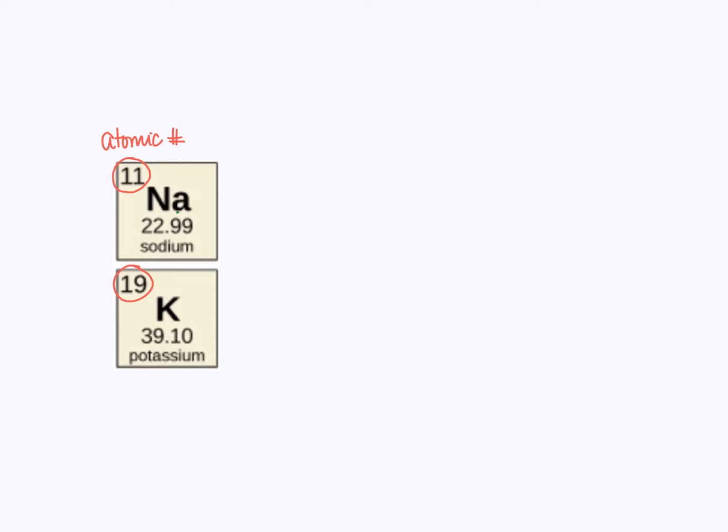And the other number is going to be the atomic mass number. And remember, we're going to round these numbers off. So for sodium, we're going to say that the atomic mass number is actually 23. And for potassium, we're going to say that the atomic mass number is 39.